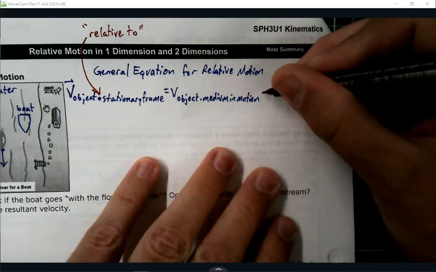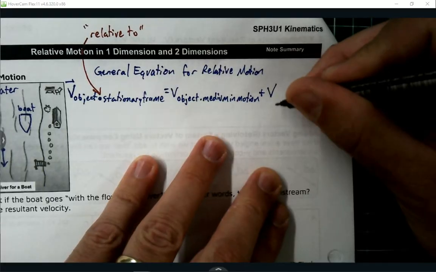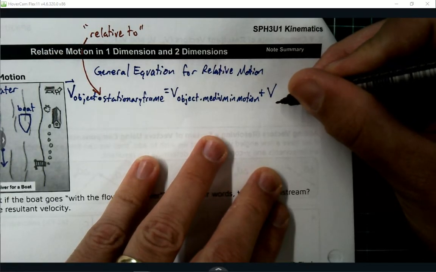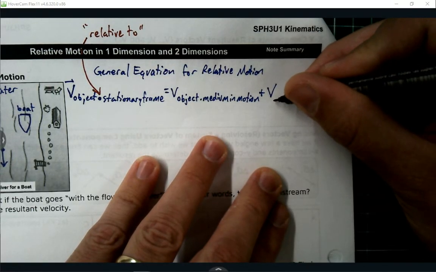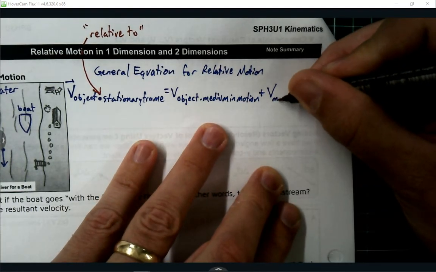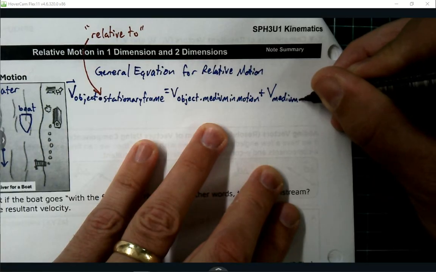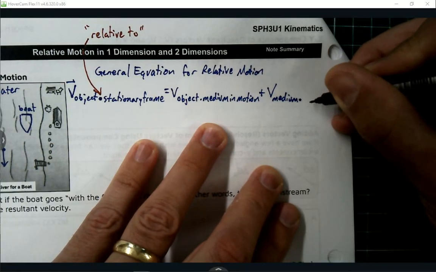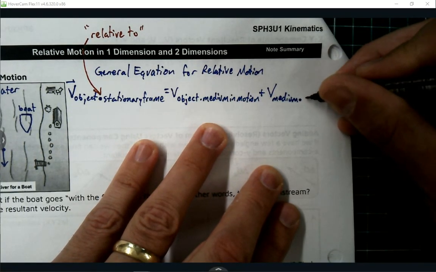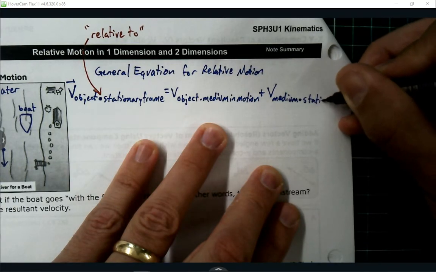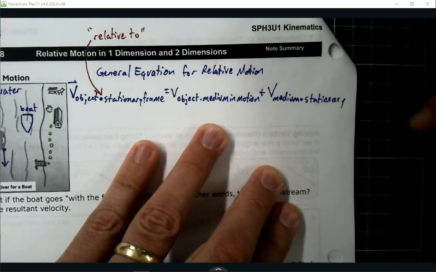And then we say that value plus the velocity of, I'm going to shorten things up or else I'm going to run out of paper and you will too. I'm going to shorten medium in motion to just medium relative to, and even the stationary frame I'm going to shorten up to the word stationary, because I have run out of space on this page.